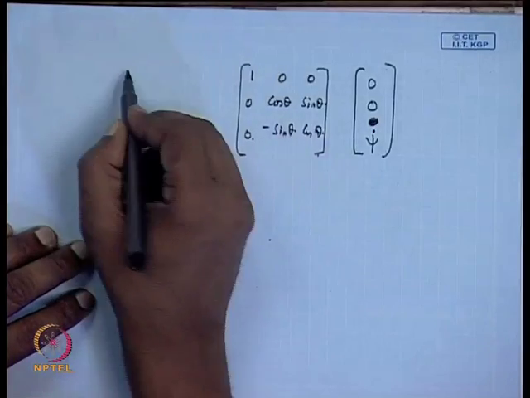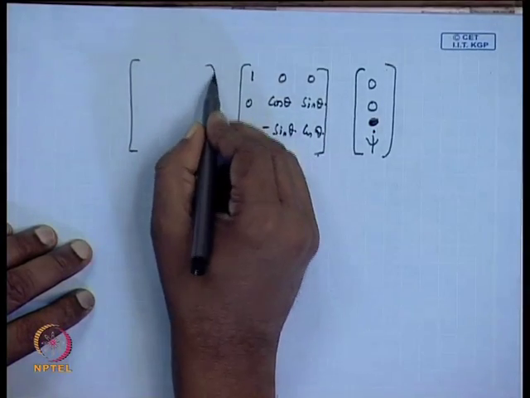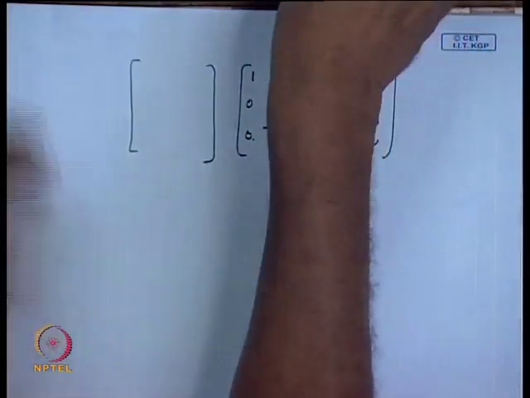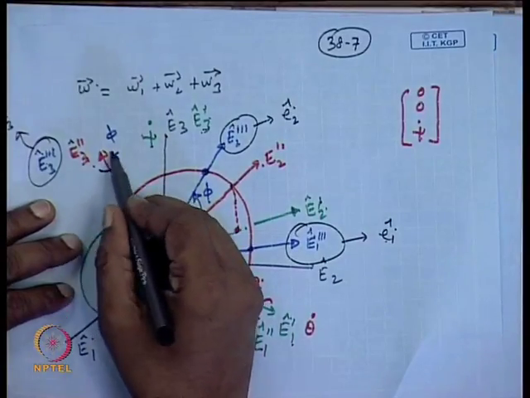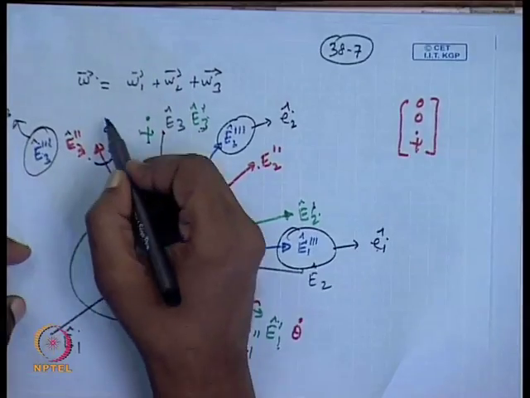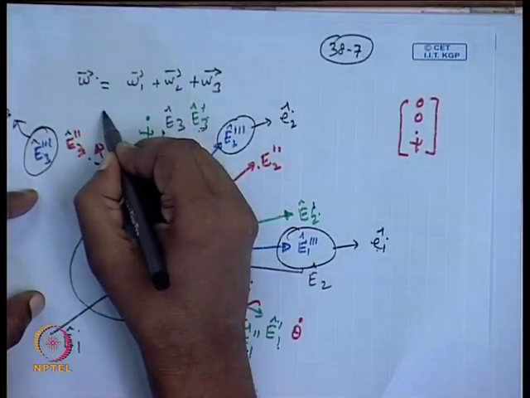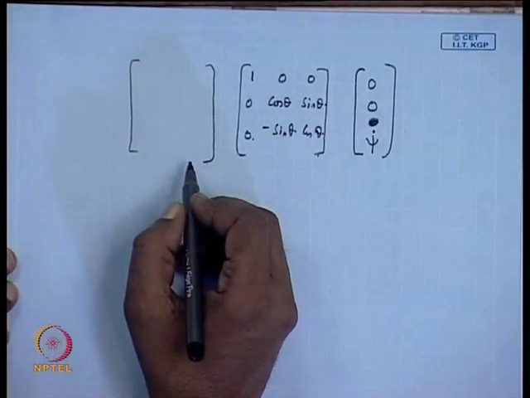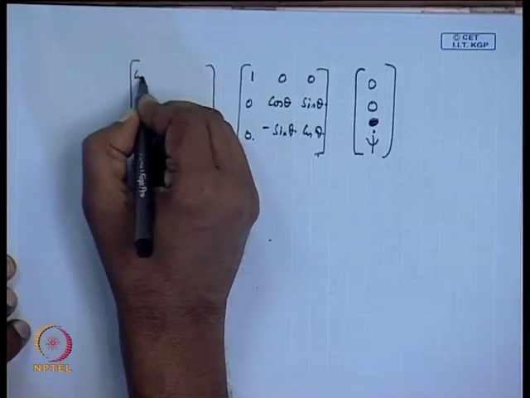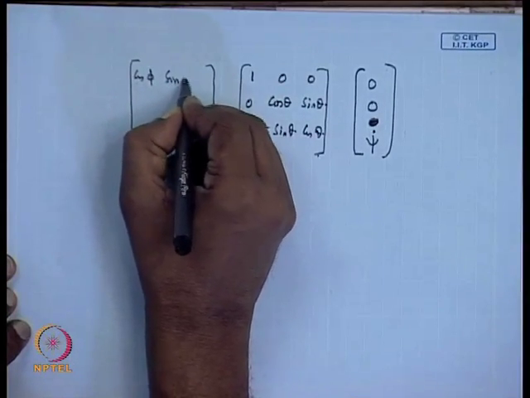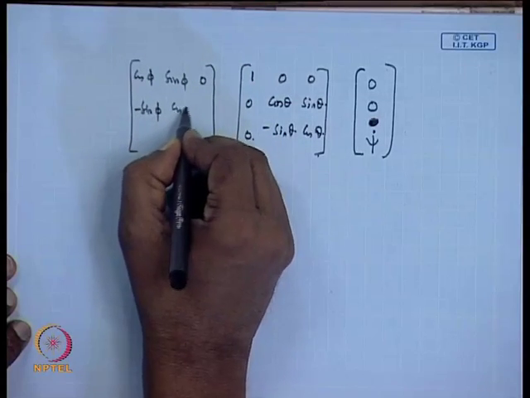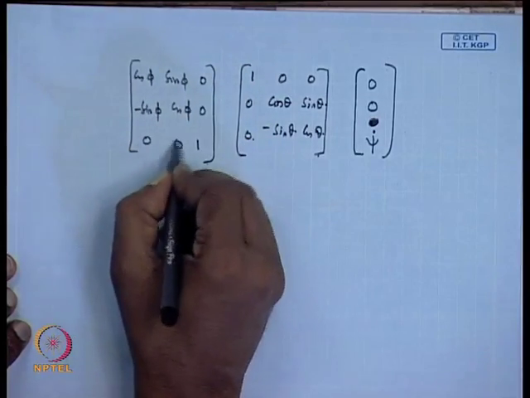Okay, the next rotation you need to give is about this x. So, this is the rotation you are giving here by phi. So, this is your phi dot basically. So, by rotating by phi about the 3. So, this will be cos phi sin phi 0, minus sin phi cos phi 0, 0 0.